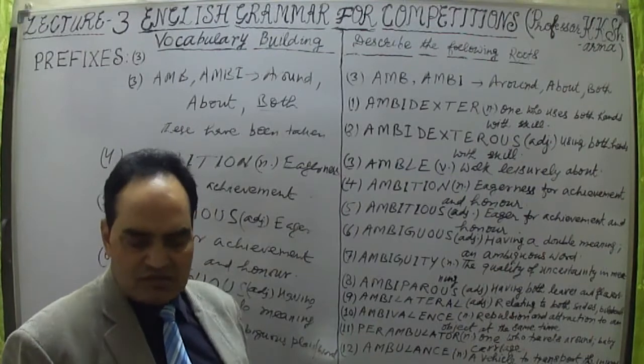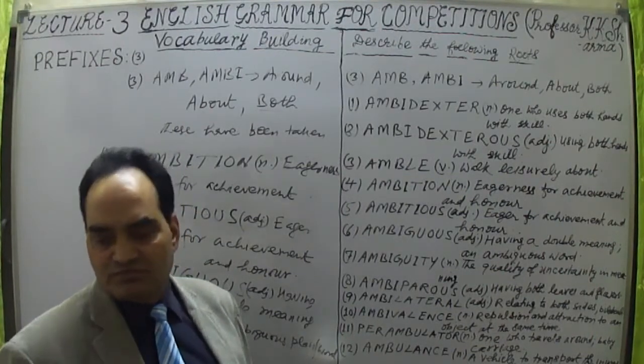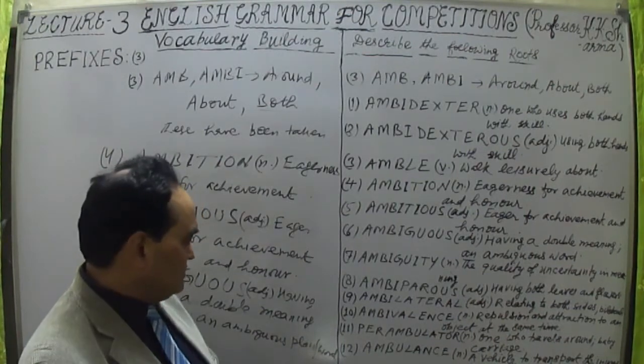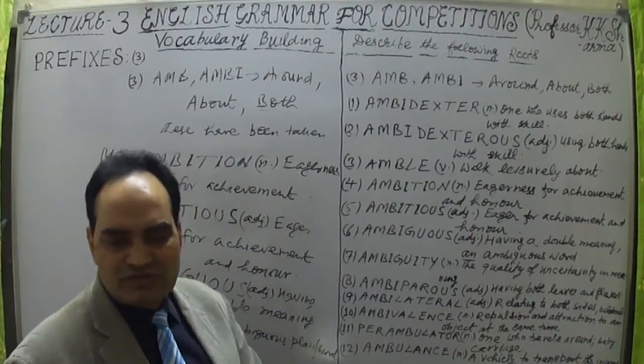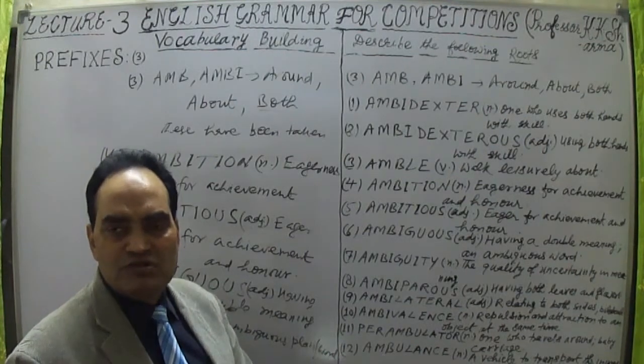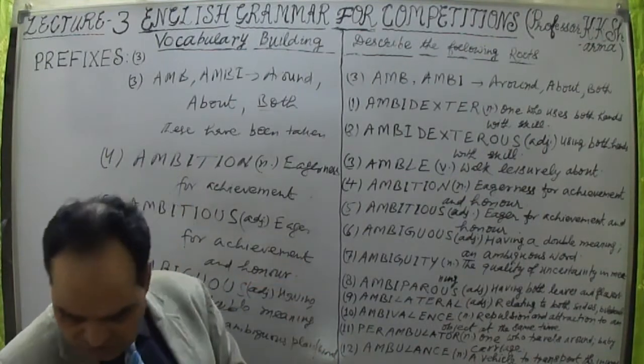Planning is also regarding some scheme which is based on theory or something. So ambiguity, ambiguous. Ambiguous means when something has double meaning or double thing. The word has double meaning. Mostly this is related to language.